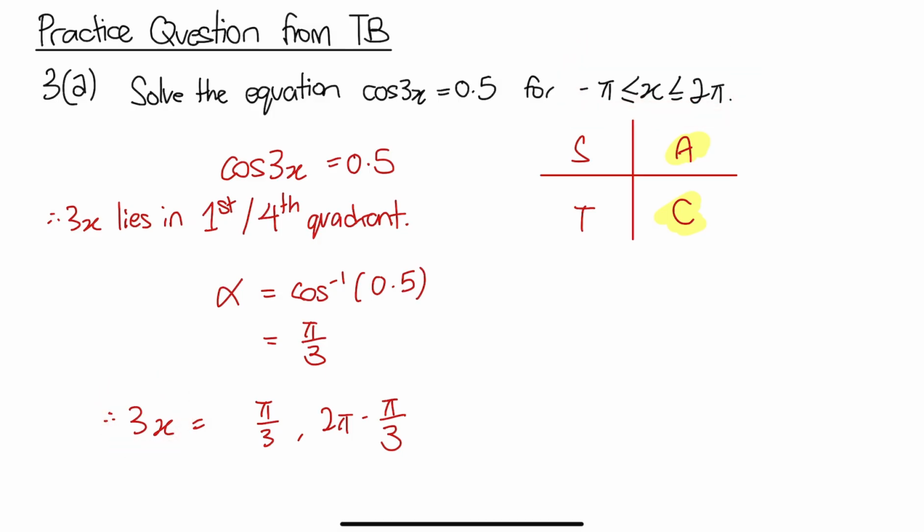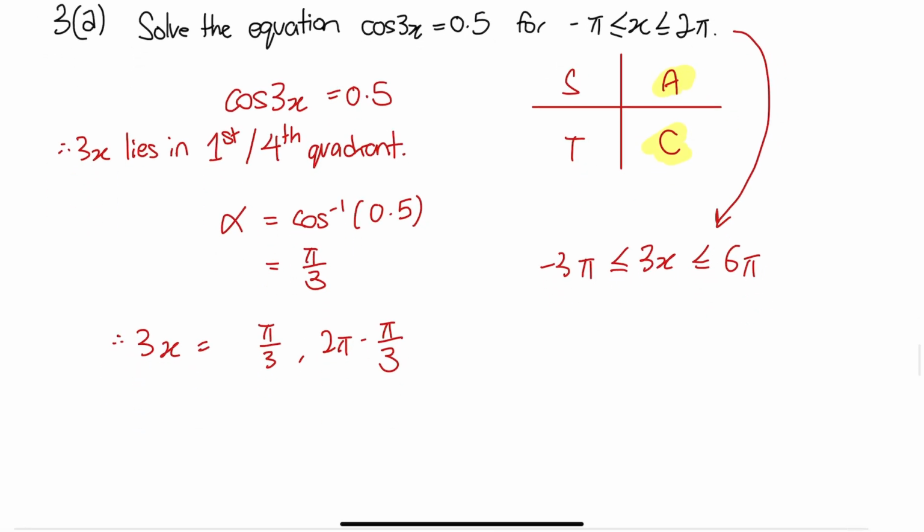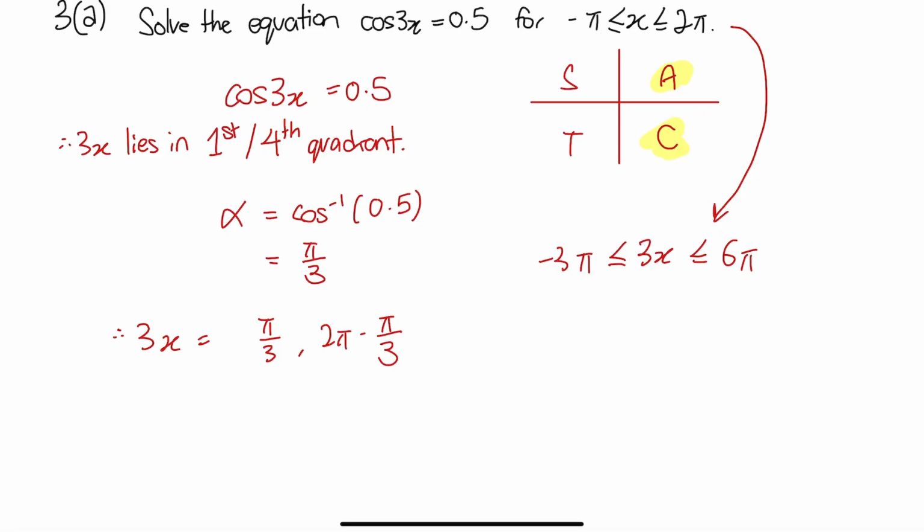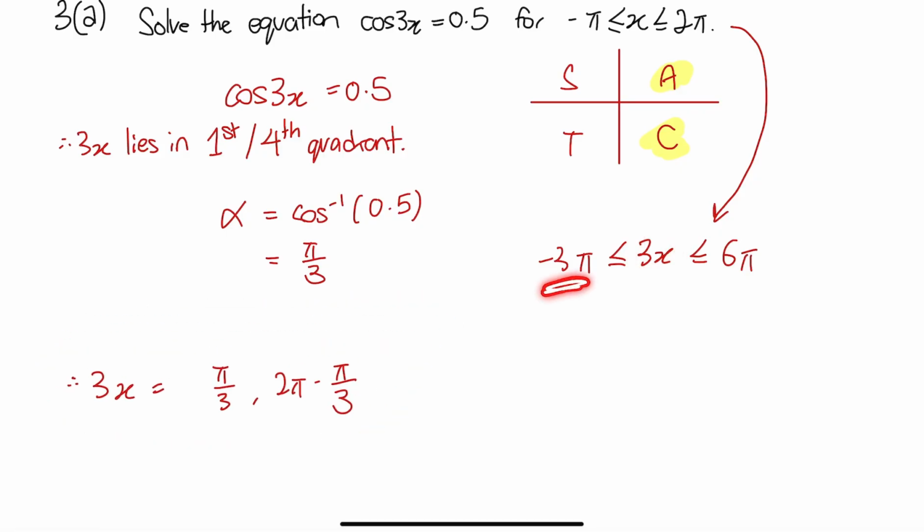So I have to update the range. The range is simply 3x is between negative 3 pi and 6 pi. So from here, I can continue finding more solutions that fit within the range of 3x lying between negative 3 pi and 6 pi.